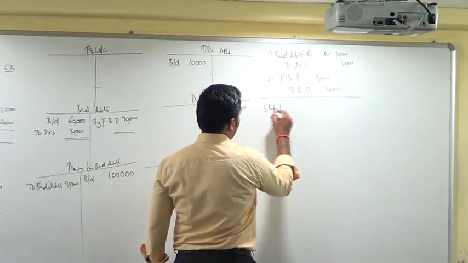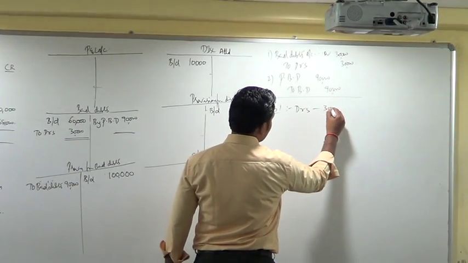Step 1: Debtors. How much is debtors? 30 lakhs.